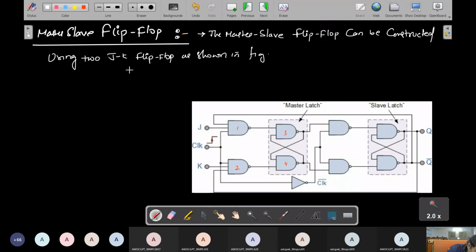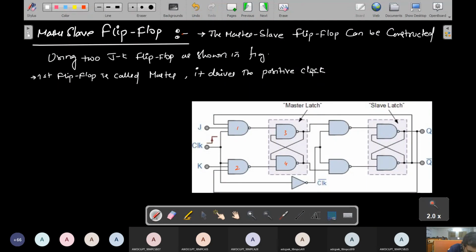The first flip flop is called master. It is driven by the positive clock.